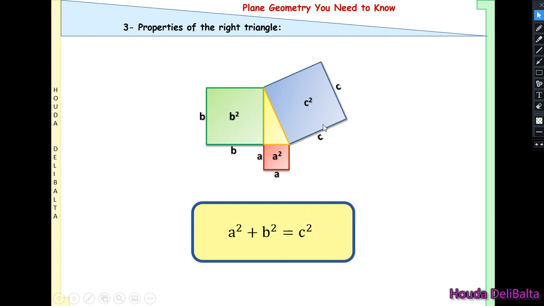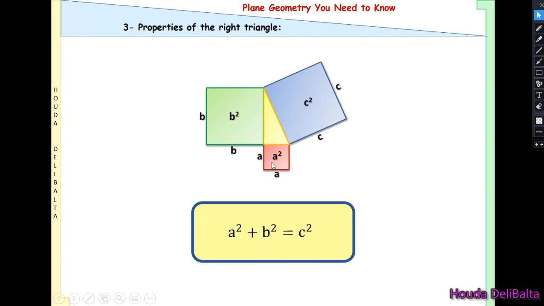And by this, we can prove that b squared plus a squared, which means the area of this square, b squared. You know that the area of the square is the side squared, and the areas of those squares, when added together, give the area of that square.